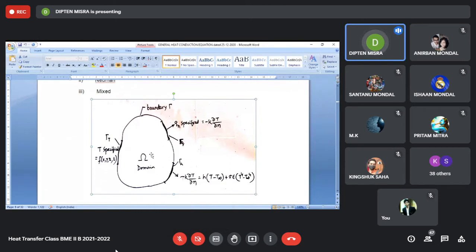And one more thing that I'd like to add is that a full prescription of the governing equation and a full prescription of the requisite boundary and or initial condition, these two together make a problem fully prescribed. Otherwise, if somebody specifies only the governing equation, it is an unspecified problem, because so long as we don't know the boundary condition, we cannot solve the problem.